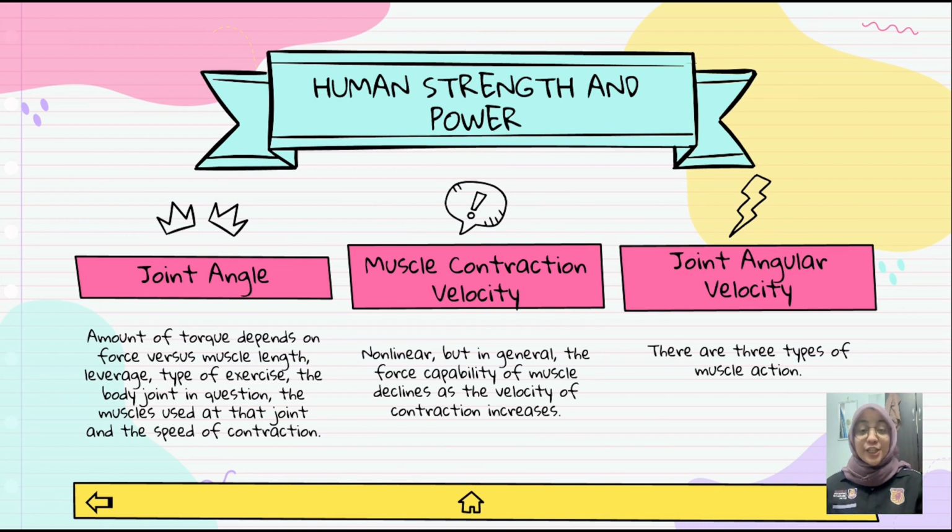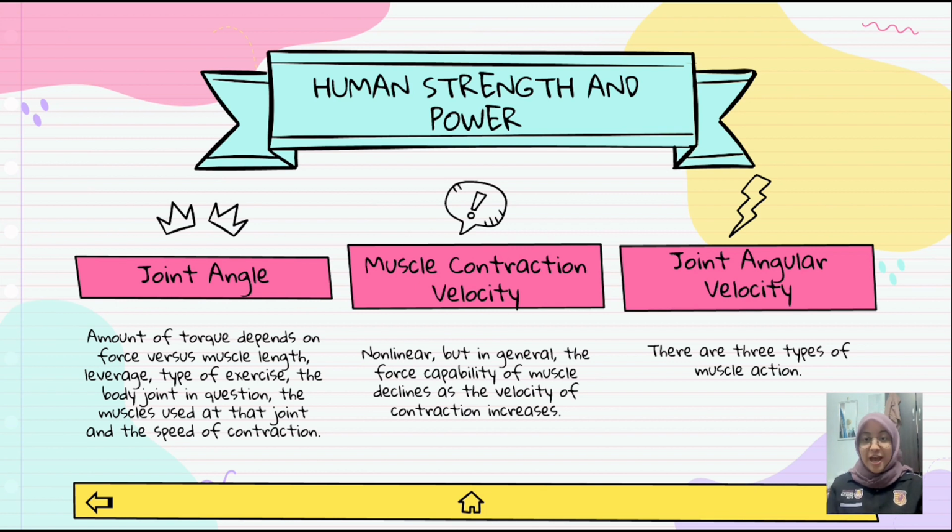Next we go to human strength and power, the biomechanical factors in human strength. For the first one we have the joint angle, where the amount of torque depends on the force versus muscle length, leverage, type of exercise, the body joint in question, the muscle used at that joint, and also the speed of the contraction.